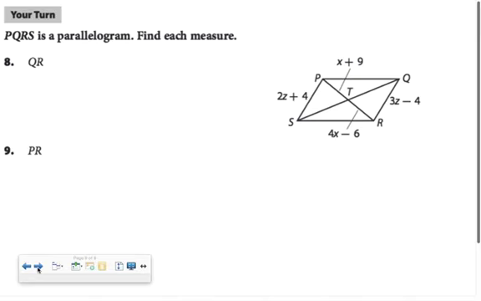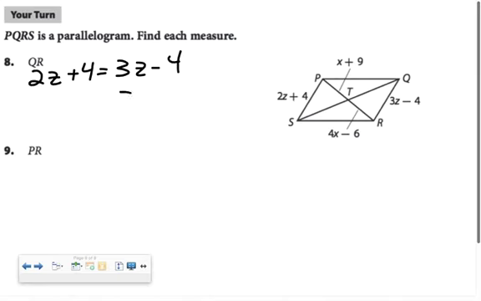In this example 8, we're asked to find the length of QR. So notice that QR is a side of the parallelogram, and we know that opposite sides of a parallelogram are congruent. So we can set up the equation 2z plus 4 equals 3z minus 4.